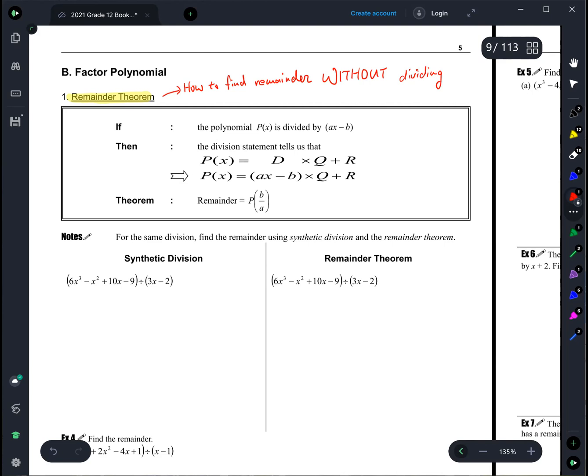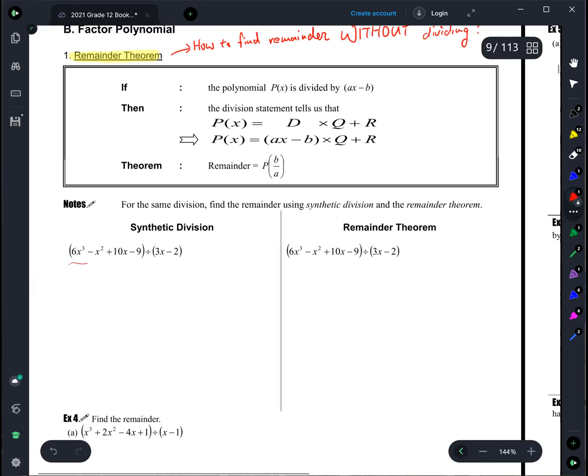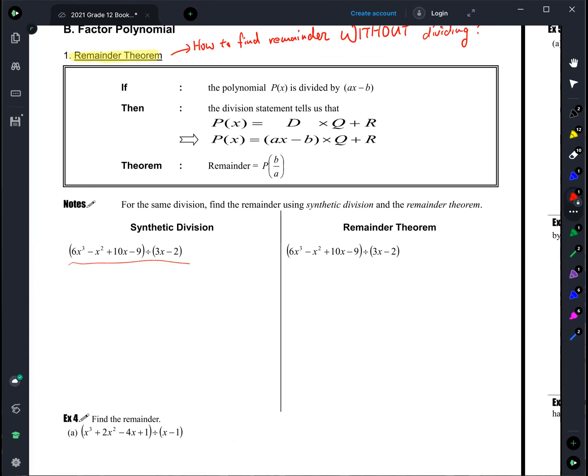So this is like magic, right? How do we find the remainder if I don't divide at all? For example, you look at this question. I don't want to do any dividing, but I still want to get the remainder. So that's what the remainder theorem will tell us, how we can get it.